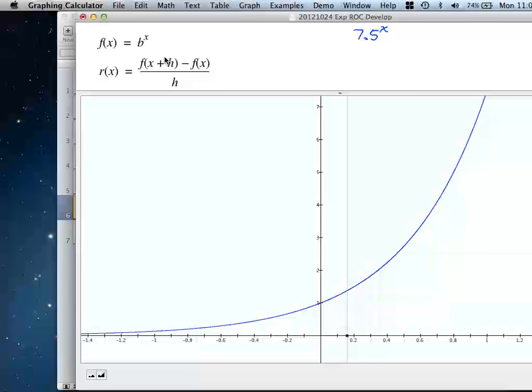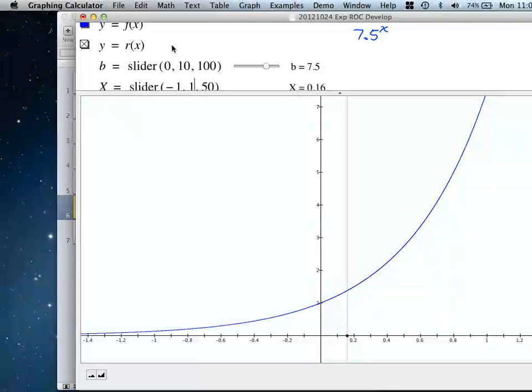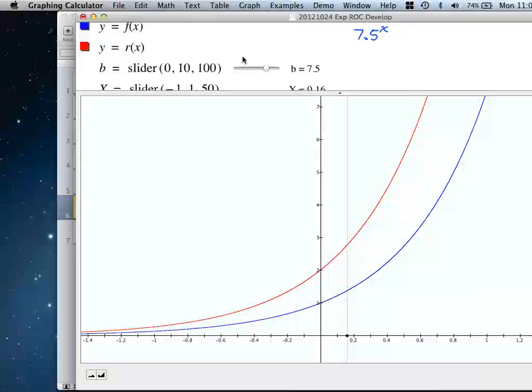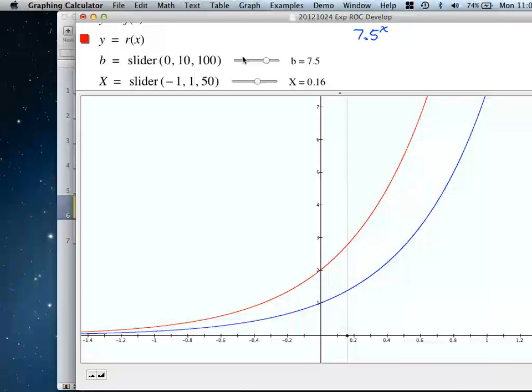So f is the exponential function we're looking at. I have the rate of change formula, and I'm letting h be very small. When I graph that rate, I'll do the rate in red. You get this. Then with x, I can move this here to show different values of x.